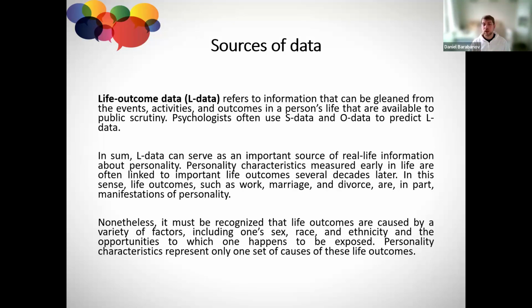So it's all types of information about the history of life of a person, which we can legally use in research. And we can compare these life events with different personality traits or other variables which we're interested in.